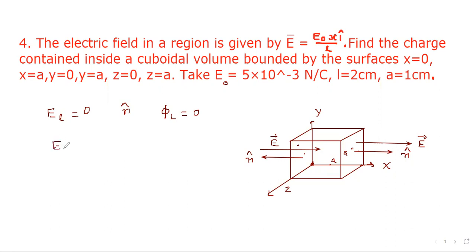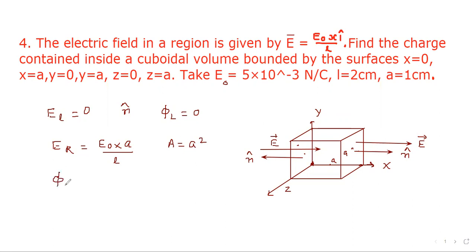Here E right will be E0 times x. Till here this distance is a, so E0 a divided by L, and the area of this face will be equal to a square, and theta between the electric field and n cap, the area vector, is 0 degree.